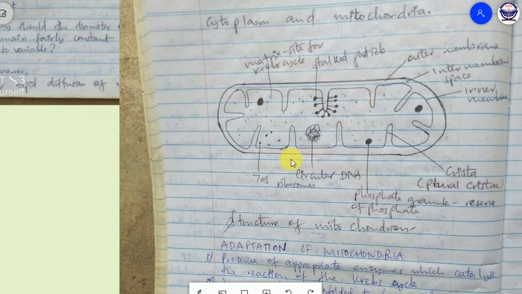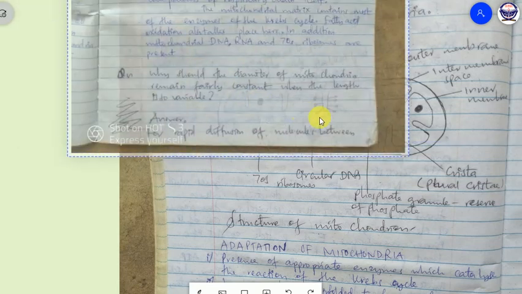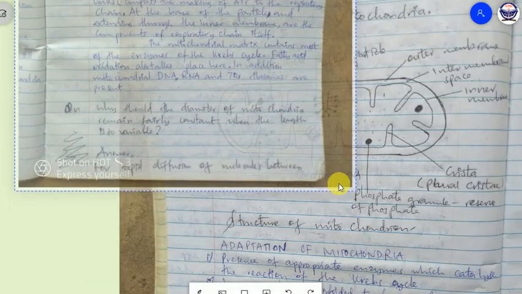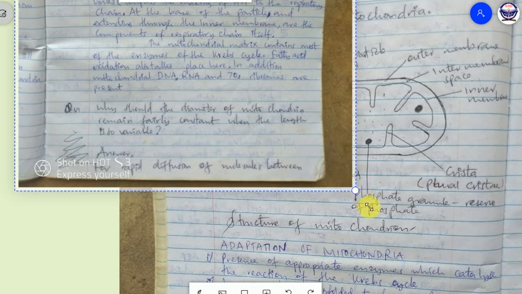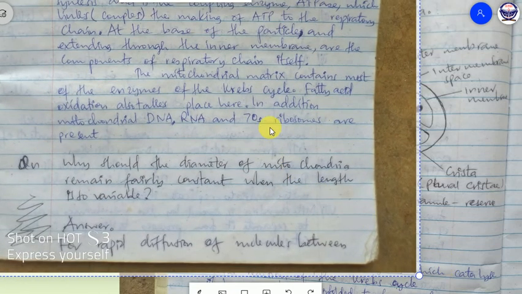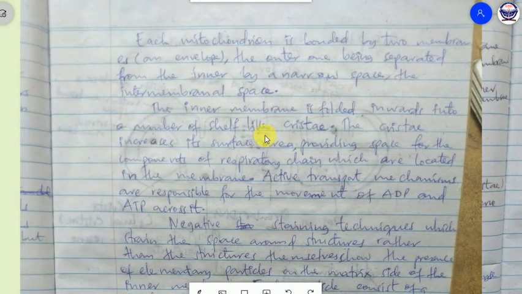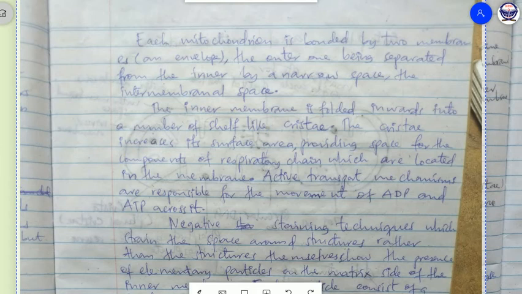Mitochondria are organelles present in the cell, and they are able to replicate themselves because of the presence of the DNA, which is genetic material, and the small ribosomes, which are the protein synthesizing machinery of mitochondria. So they are able to synthesize their own enzymes, and that's why they are sometimes called the cell within a cell.